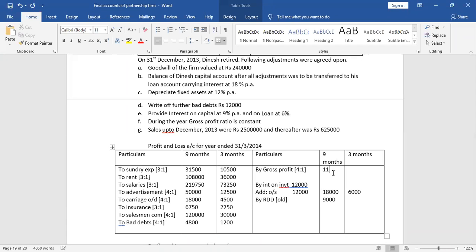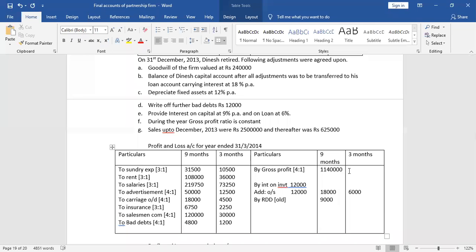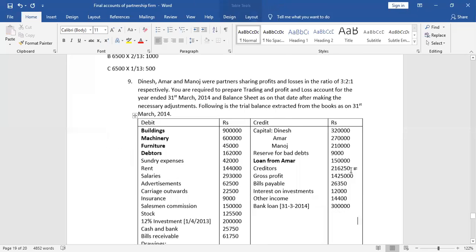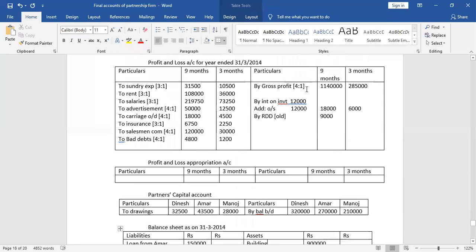You will get 11,40,000 and 2,85,000. What was the amount of gross profit? It was 14,25,000 into 4/5 and 14,25,000 into 1/5.